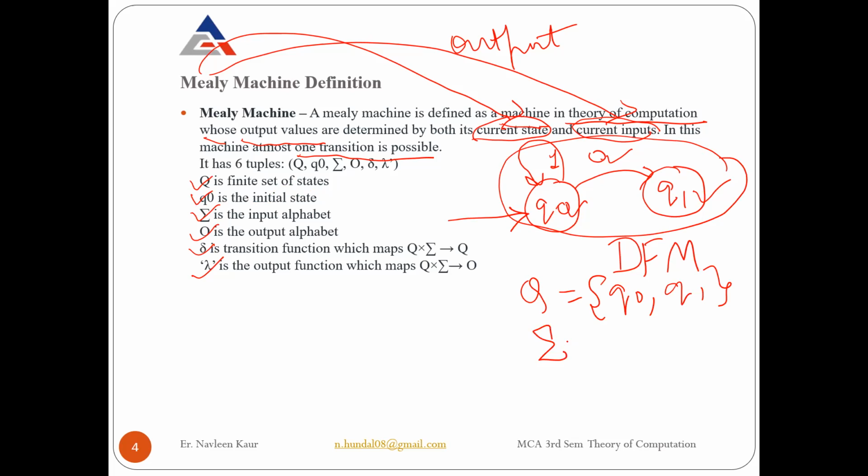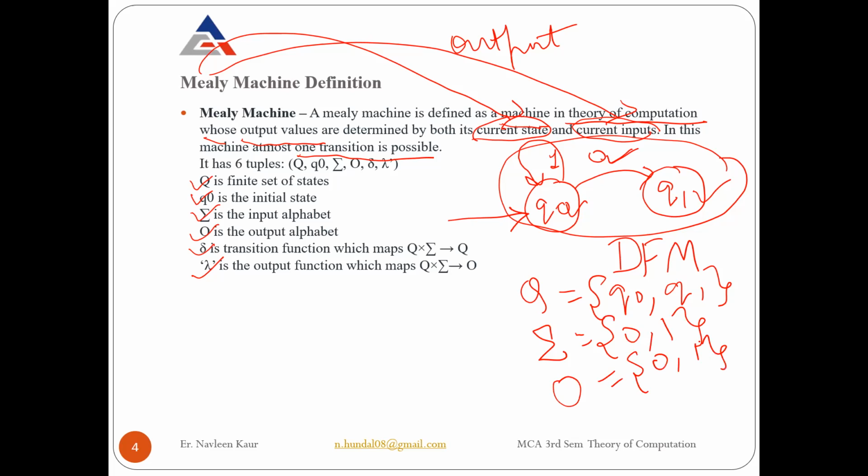And then this sigma says what the input alphabets are. As you can see, the inputs are always of the type 0 and 1. It means your input alphabet is made up of only 0 and 1. O is the output alphabet. Here I have not represented the output, but if input is of the type 0, 1, the output is also of the type 0 and 1.